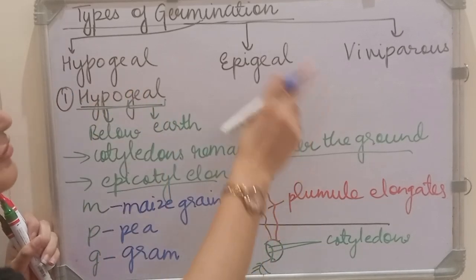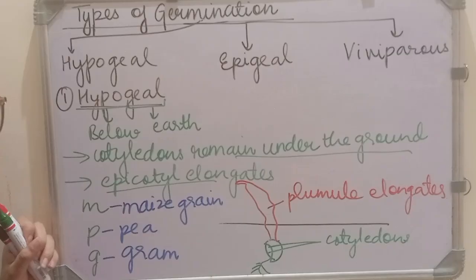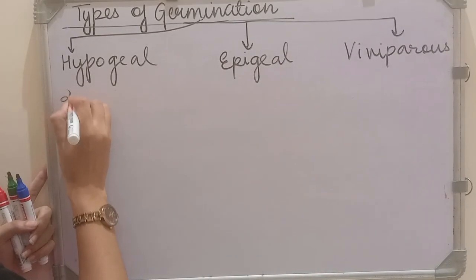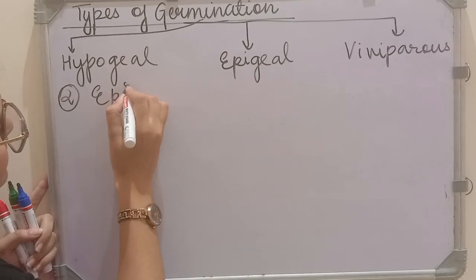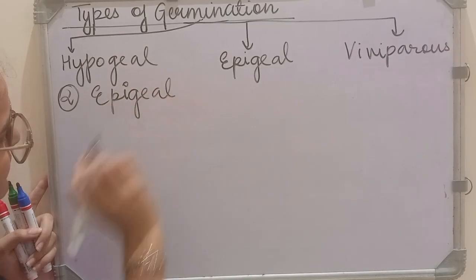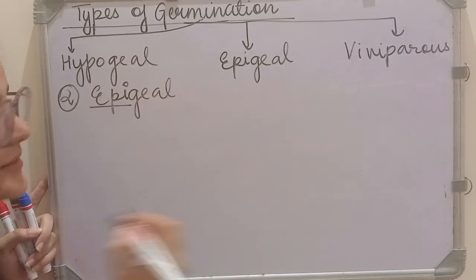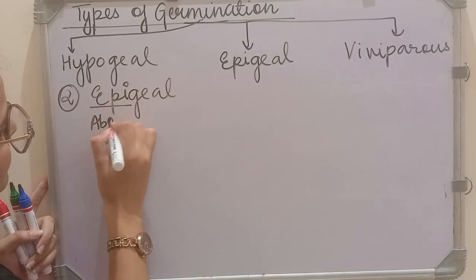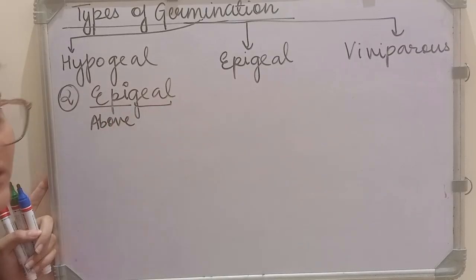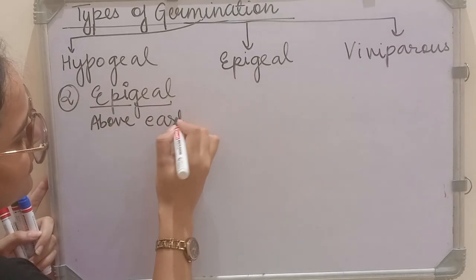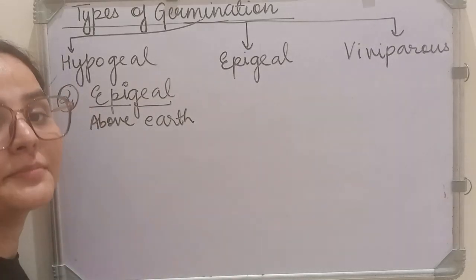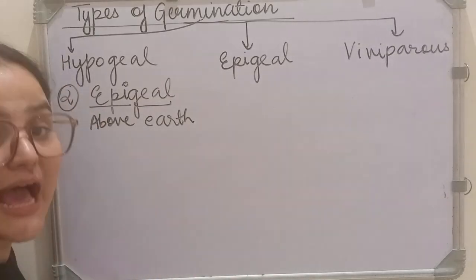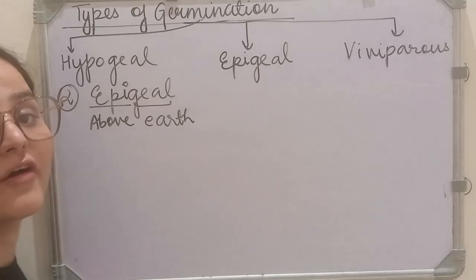Now let's study about epigeal germination. So the second is epigeal germination. The word epi means above and the word geal means earth. So in epigeal germination, the cotyledons are pushed above the ground and the hypocotyl elongates first.